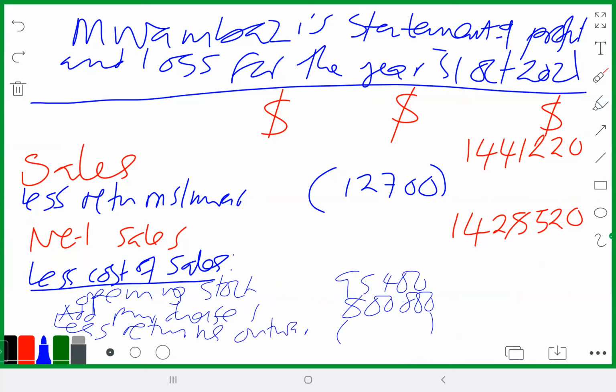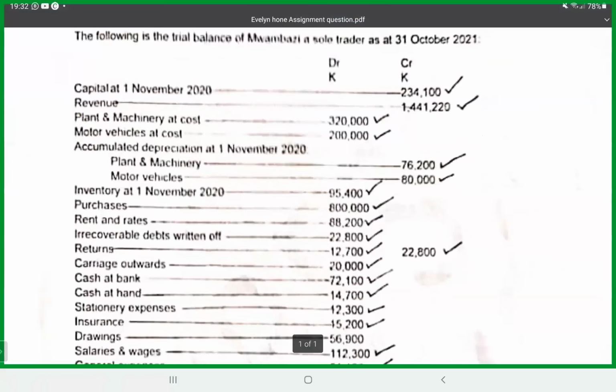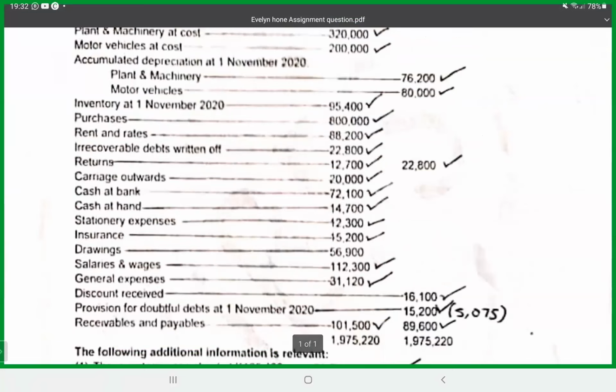Right. So what is our purchases return? I need to show you the question. The purchases return. Are you able to see the returns?